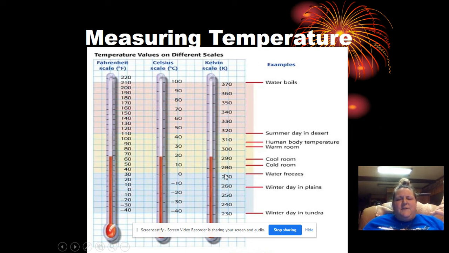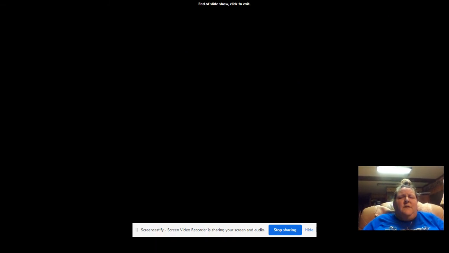So 0 is going to be 273. 0 is where water freezes on the Celsius scale. If we go to Fahrenheit, it's going to be 32. Okay? So all you've changed is the scale. You haven't changed the temperature at all. It's just how we describe that temperature. What scale do we use? Okay, that's it.